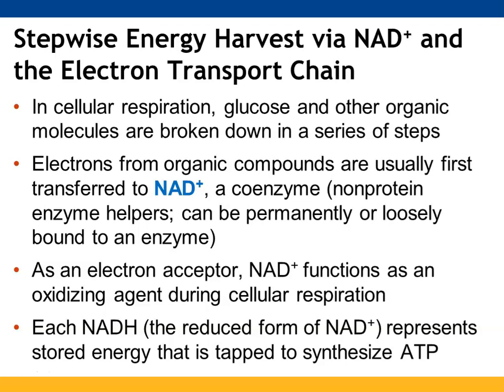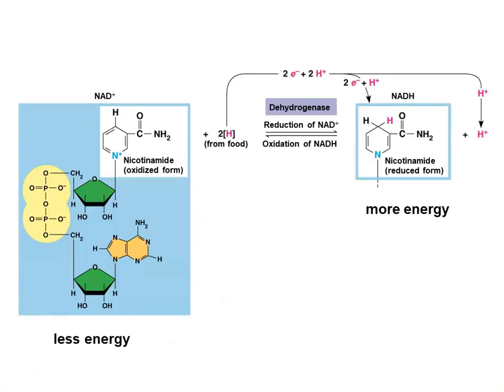And because they're accepting an electron, they're being reduced. And so NAD plus is able to act as an oxidizing agent. When it is in NADH form, the reduced form, it has energy now that we can use to make ATP. So the less energetic form is its oxidized form.